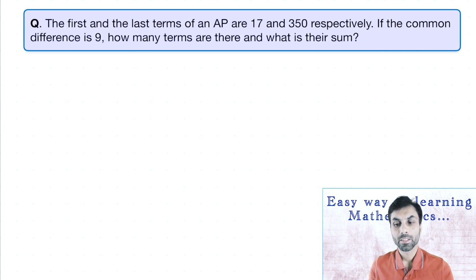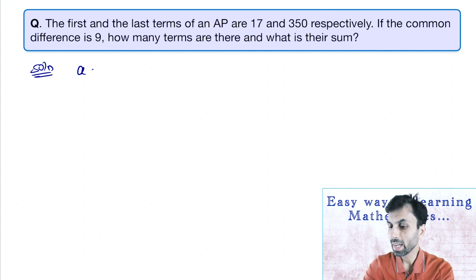The next question is, the first and the last term of AP are 17 and 350 respectively. If the common difference is 9, how many terms are there and what is their sum? So here the first term, that is a, is given 17, and the last term, that means nth term, is given 350.